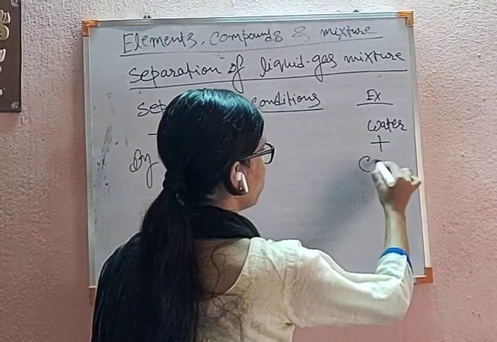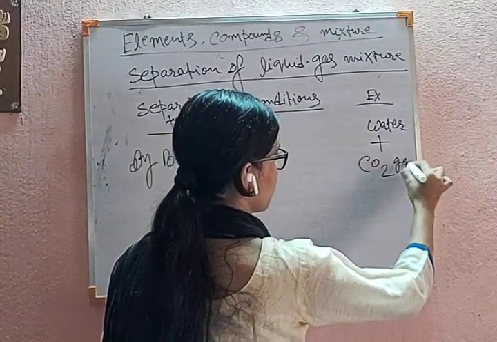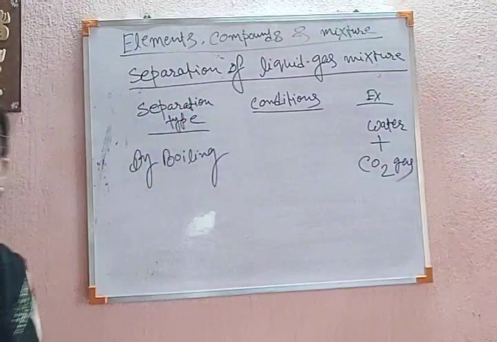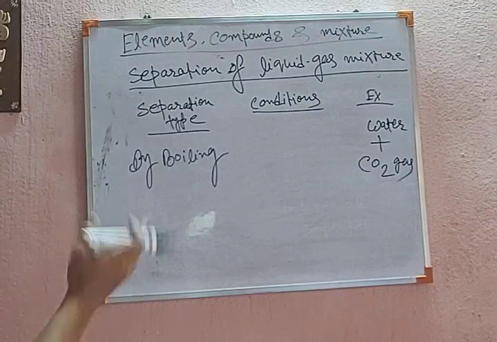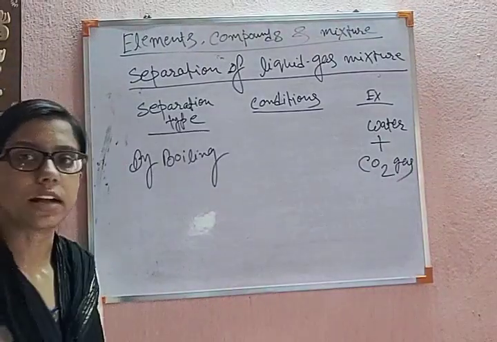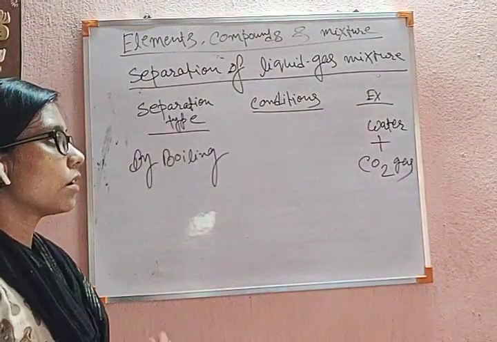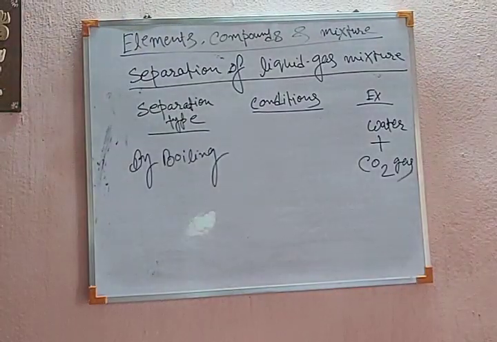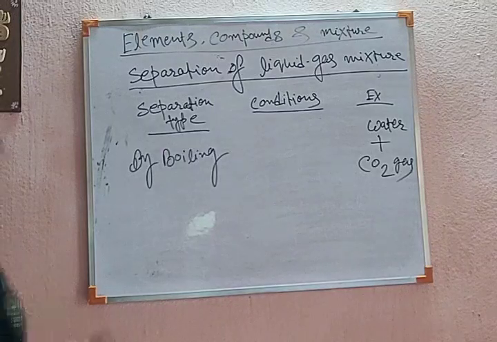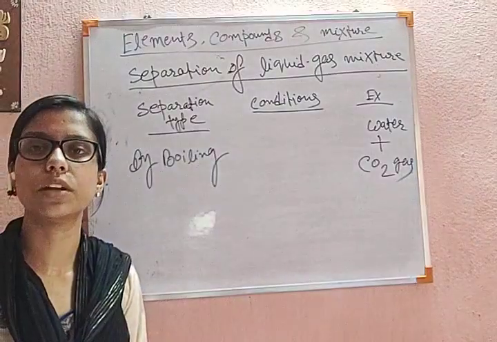Water plus CO2, that is carbon dioxide gas. When you are heating a liquid and a gas, that means the carbon dioxide gas is soluble in water, and the gas that is dissolved in a liquid comes out from that solution when we are heating it.